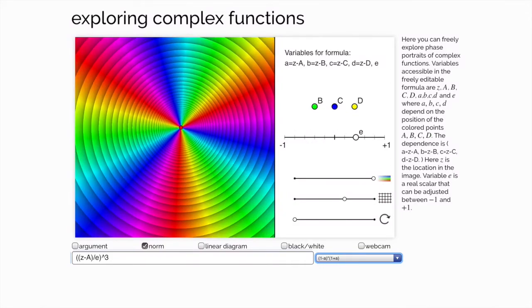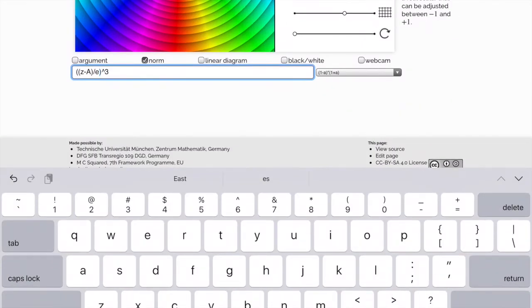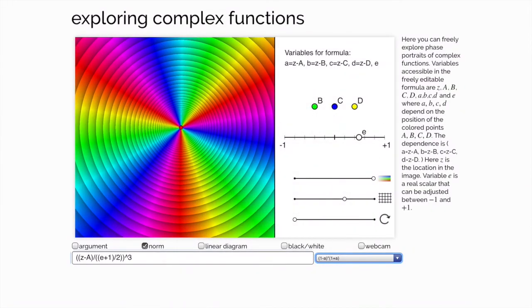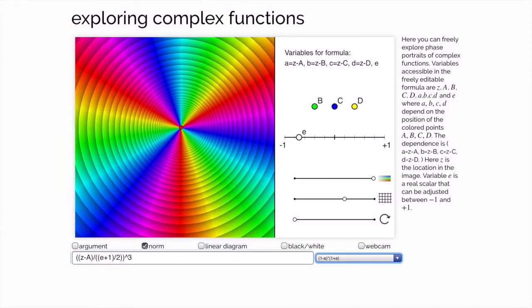I like to rescale E so that it goes from 0 to 1 or something. And now as I move E, I have this continuous zoom without the flip over.